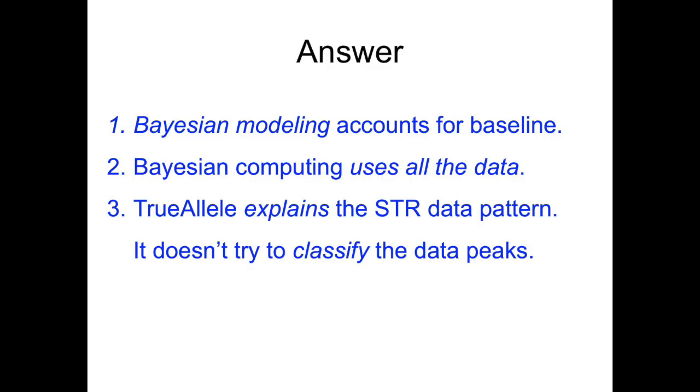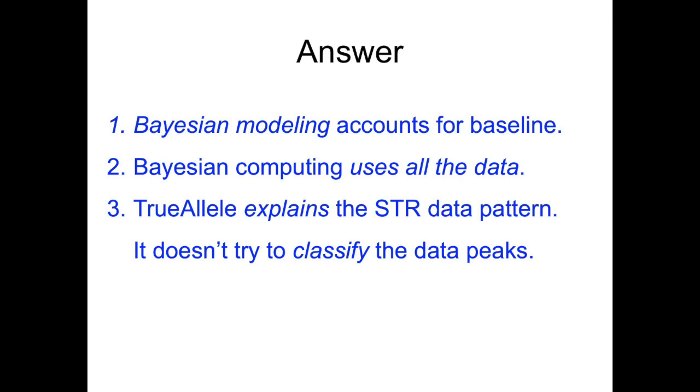Other parts of the system, for example, stutter modeling, account for other artifacts that aren't noise and aren't signal, but they're artifacts. Also, the Bayesian computing uses all the data, because you can't model the baseline and reliably model all these other low-level artifacts if you're not using all the data.